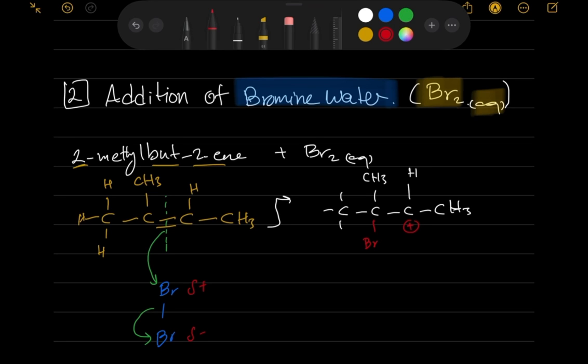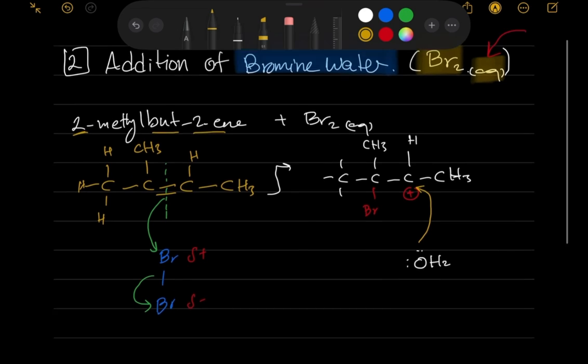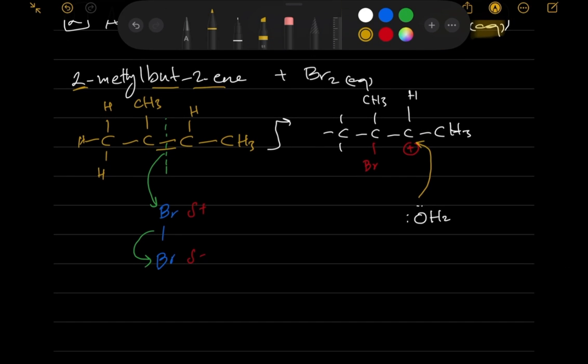In this case, which is the difference, as we said that the bromine is dissolved in water, we are supposed to have bromine and H2O. So the H2O here is represented like OH2. It represents the presence of the lone pair. The lone pair on the oxygen atom in the water molecule will attack the carbon. And the same thing is repeated in the other molecule, in which we have the bromine atom bonded to the other carbon.